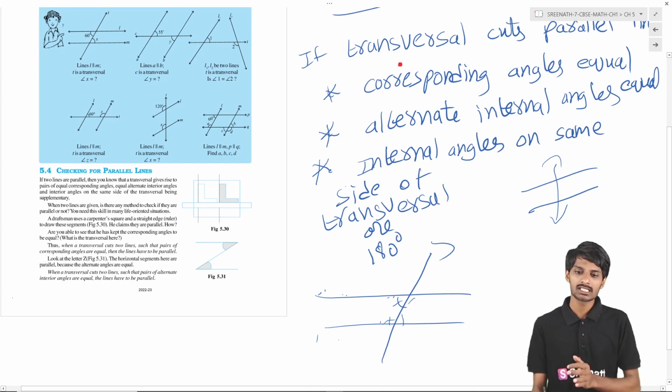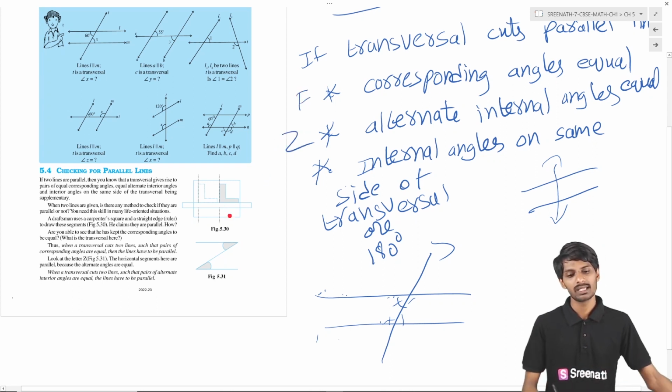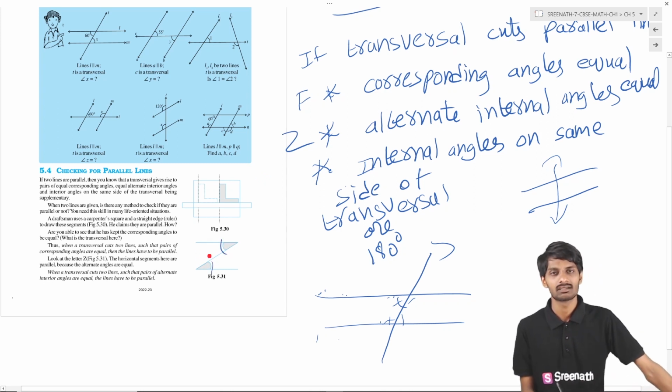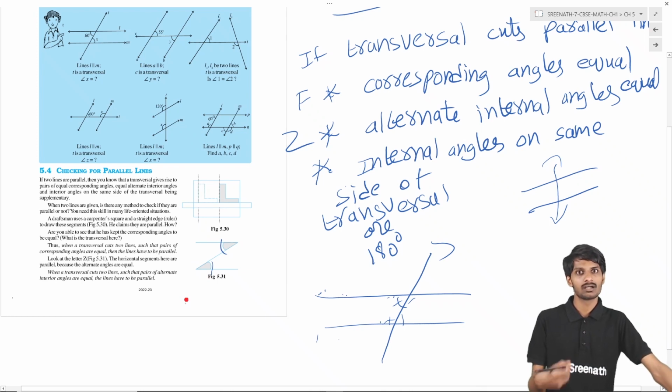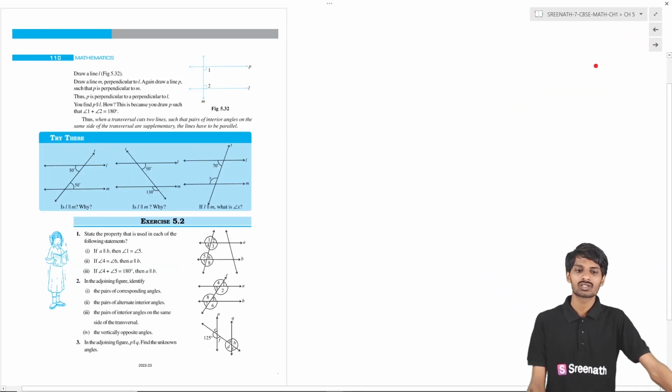If all these conditions are satisfied, then those two lines are parallel lines, friends. Very simple. Also, corresponding angles are represented by the letter F and alternate angles by Z, so using this you can find out whether the angles are equal or not, friends.